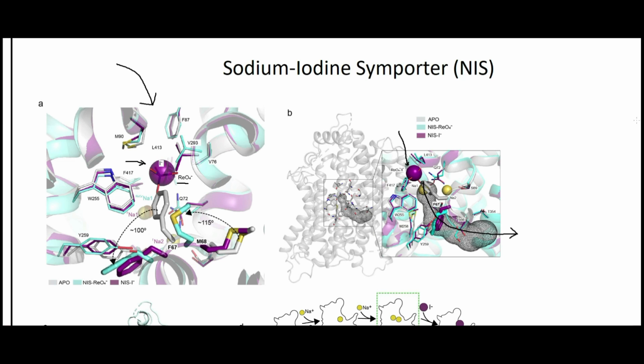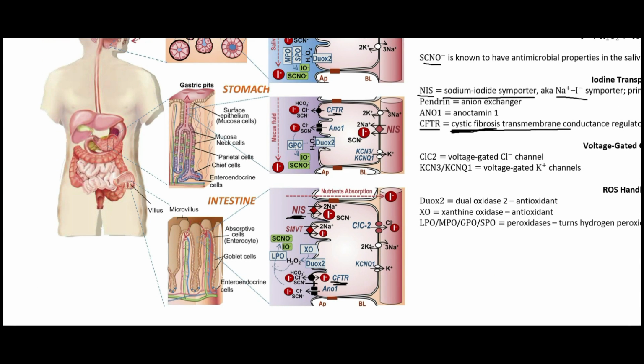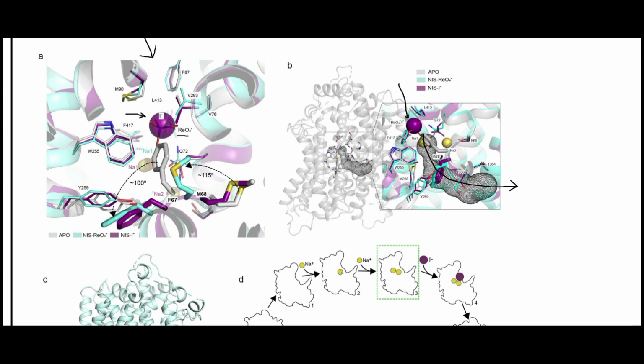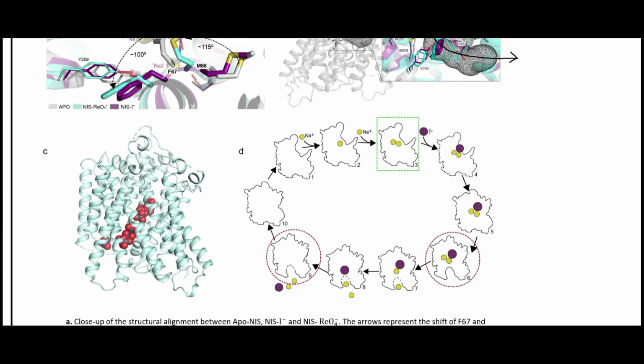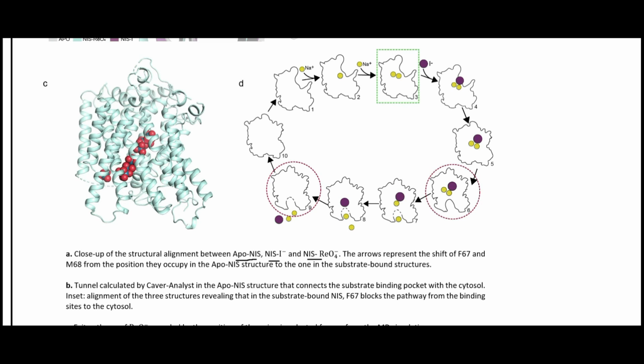Remember, this is NIS in the intestinal context, so that is taking it from the lumen into the cell, into the cytosol. They are saying that is the path the iodide will take through the protein. This is looking at the rhenium oxide moving through that path right there.